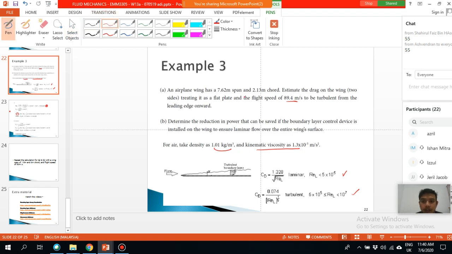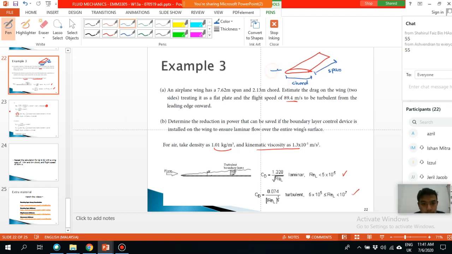What is chord? This is your wing. From here to here we call it the span, which I think was in the previous chapter, chapter 9. So this one is the chord.